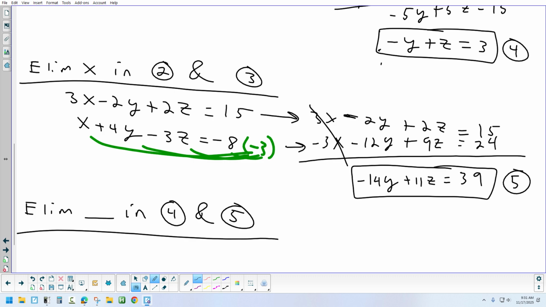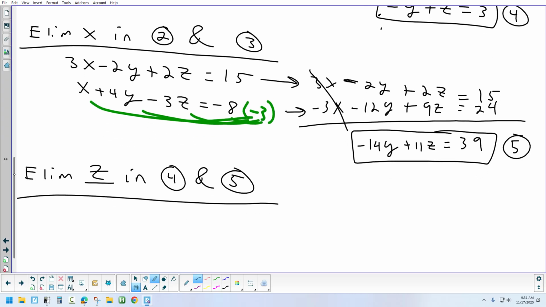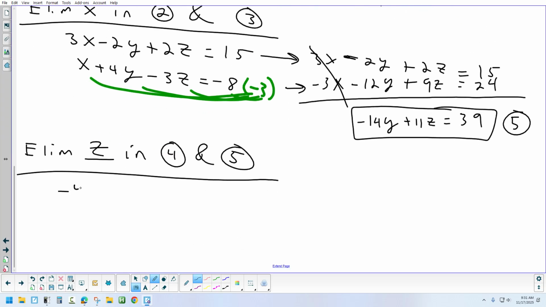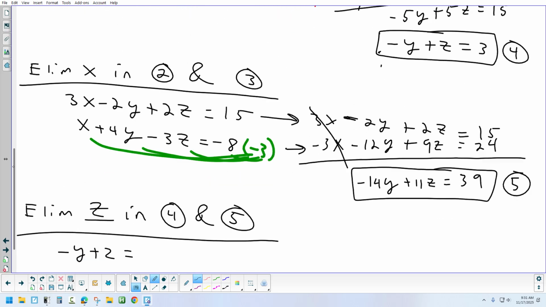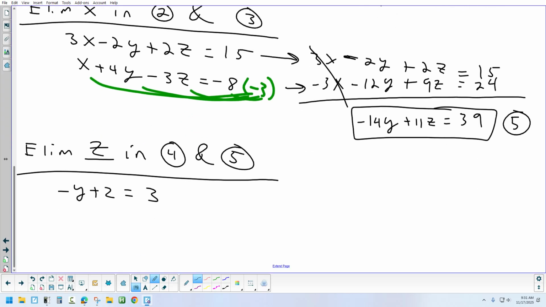Okay. Which letter do we want to try to eliminate in those two? Z. All right. So let's copy them down. Negative y plus z equals 3. And negative 14y plus 11z equals 39.